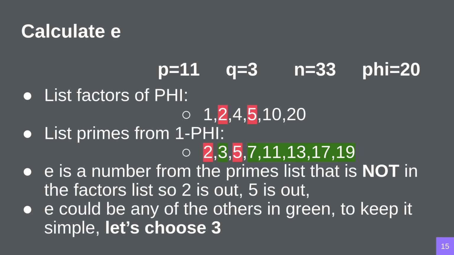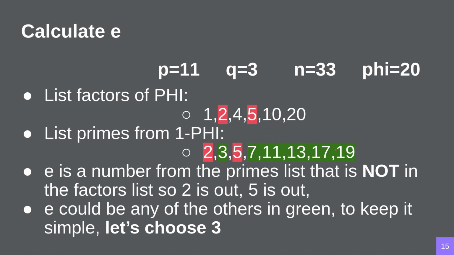That's the key: it can't be a factor of Phi. Why can't it be a factor? Because if it's a factor, then the algorithm's not going to work. So really, we're picking a number that's co-prime to Phi.